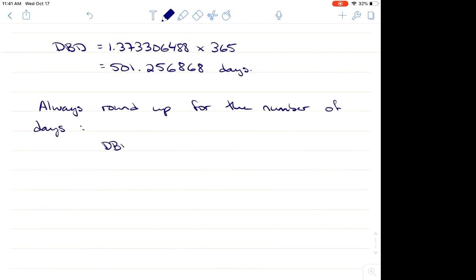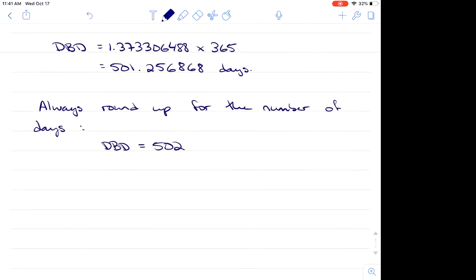So days between dates must be 502. We've seen this before with our profit functions, where we have to produce not 4.1, but 5 units. So we're always going to round up to the whole number.